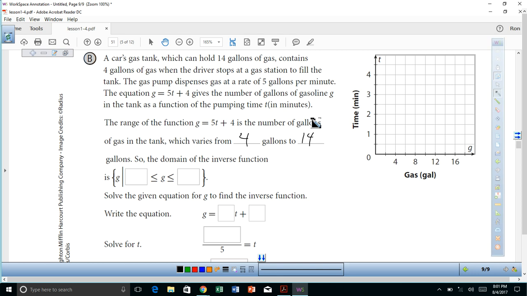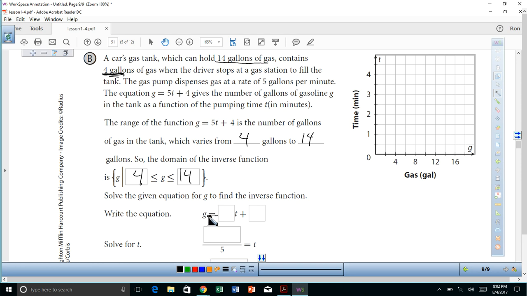So the domain of the inverse function would be G such that 4 is less than or equal to G is less than or equal to 14. It had 4 gallons of gas in it, so that's the minimum it could be, and it only holds 14 gallons. That was how much it would hold. Solve the given equation for G to find the inverse function.